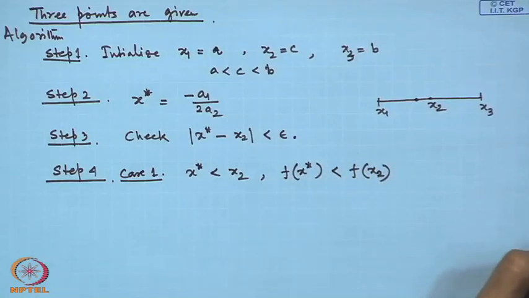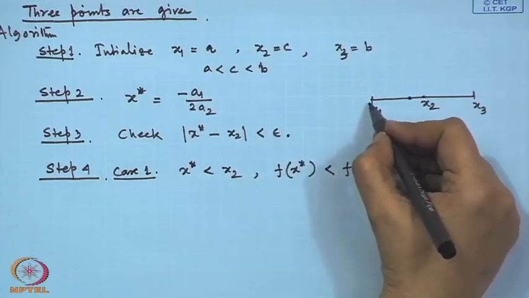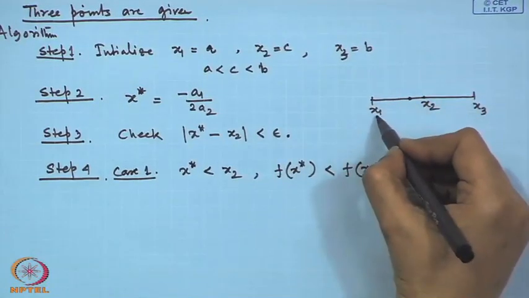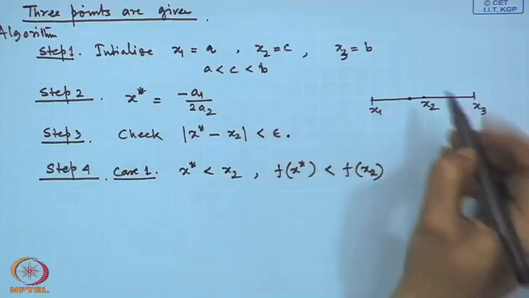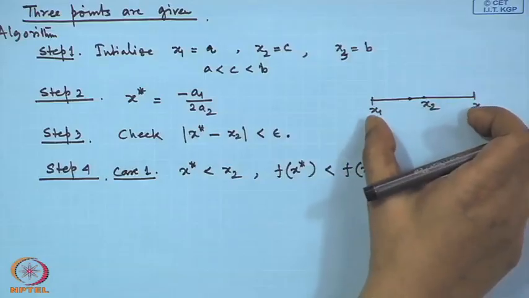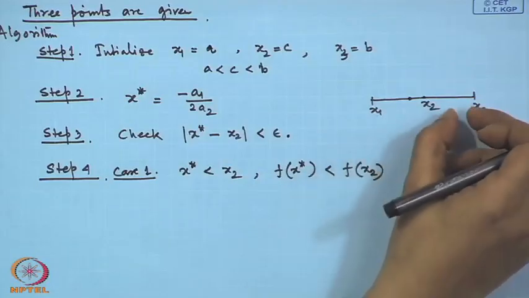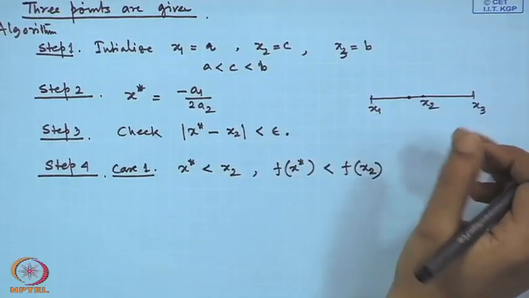Then what is happening? This is a process line search technique, that is why our initial interval of uncertainty is given, x1 to x3. We are running the quadratic interpolation technique, and in each iteration the interval size will be reduced. That means we will eliminate a portion of the interval in each step, so that at the optimal step the interval size is very small, then only it is accepted to us.